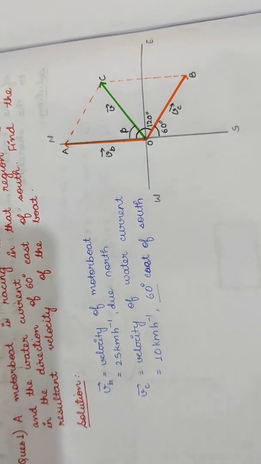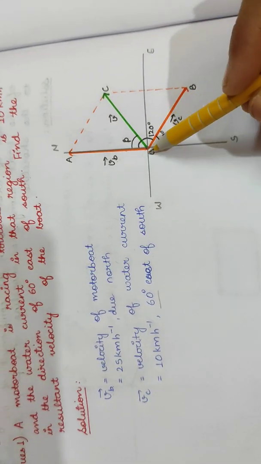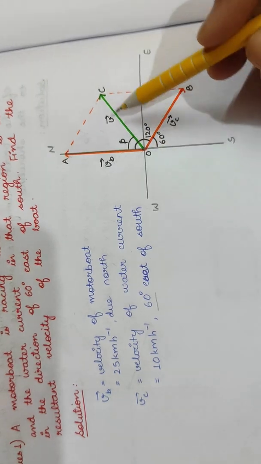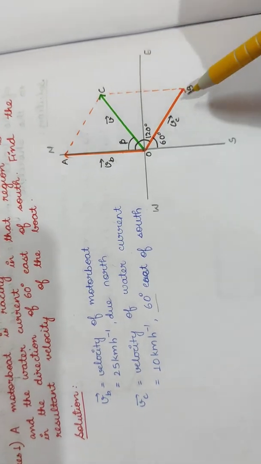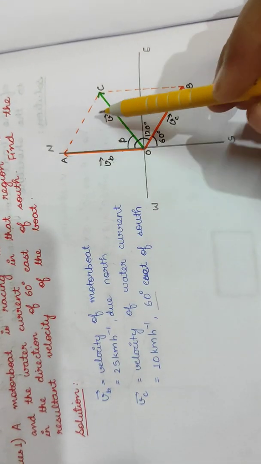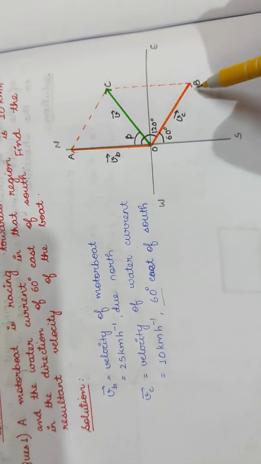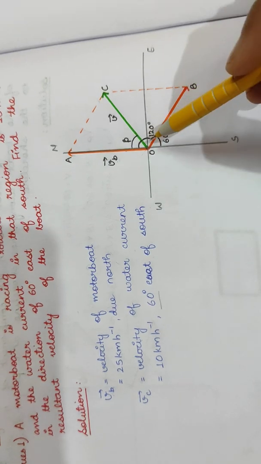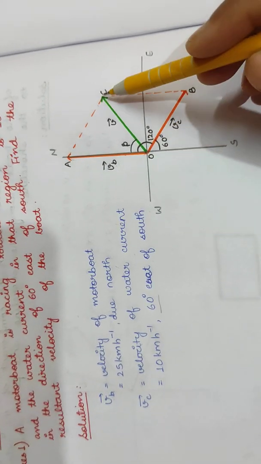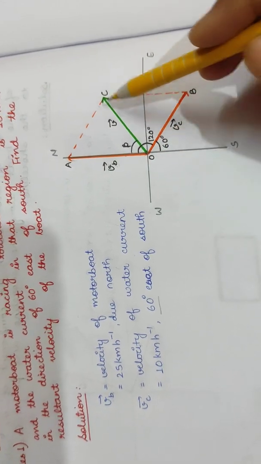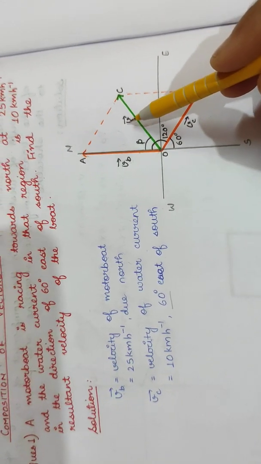If we use parallelogram law of vector addition, the resultant vector V will be represented by this OC. For using parallelogram law of vector addition, we will draw a parallelogram here. So OBCA is the parallelogram, and this diagonal OC represents the resultant vector V.